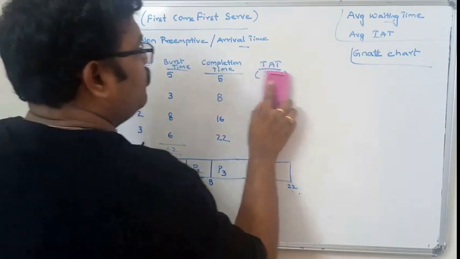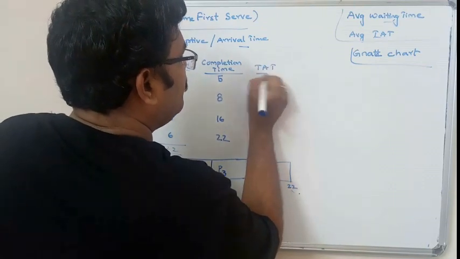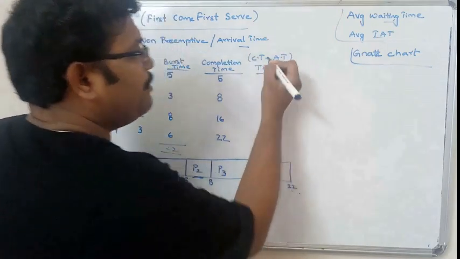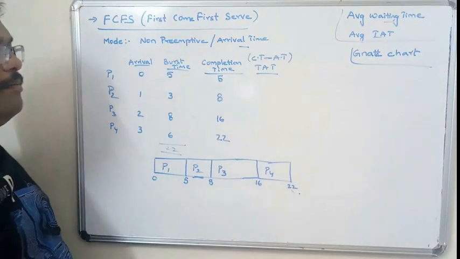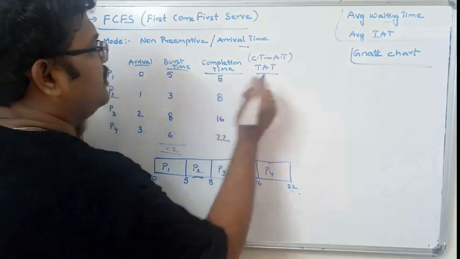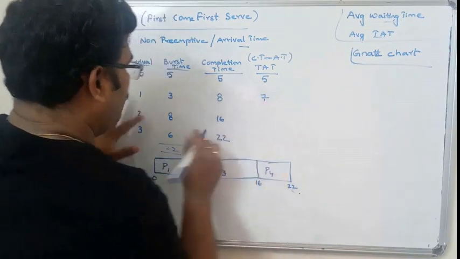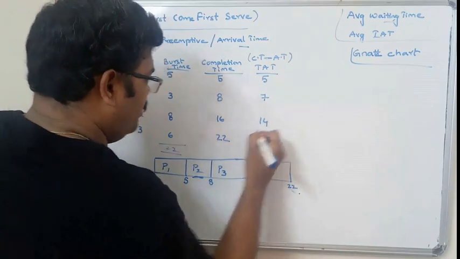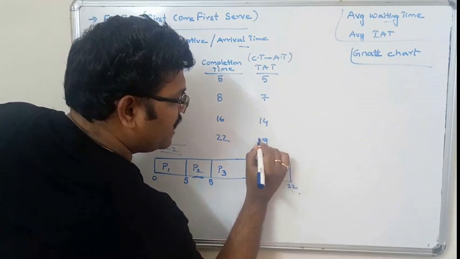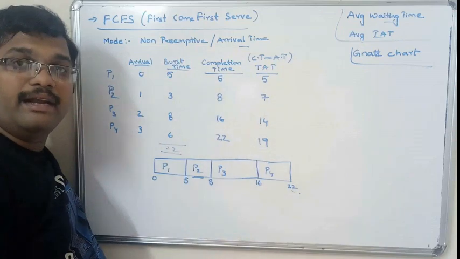So 5 minus 0, turnaround time is 5. 8 minus 1, it is 7. 16 minus 2, it's 14. 22 minus 3, it's 19. So turnaround time for each process is 5, 7, 14 and 19.